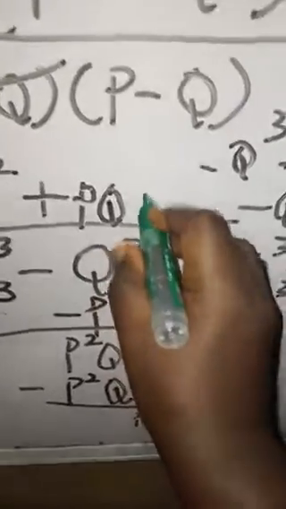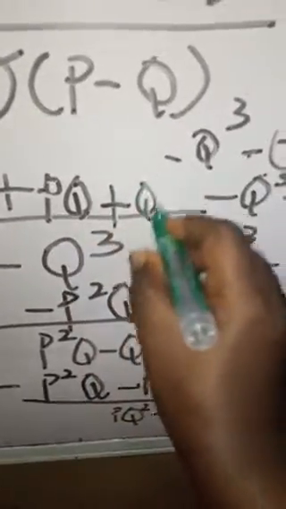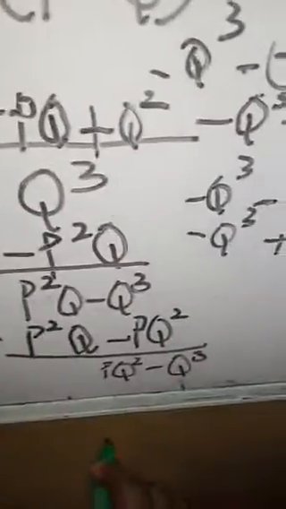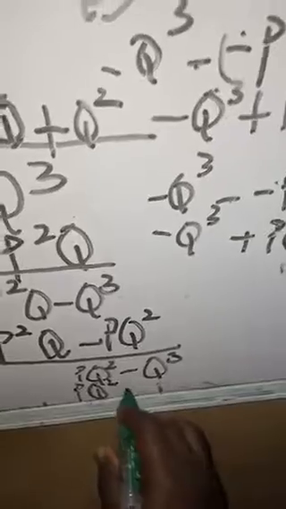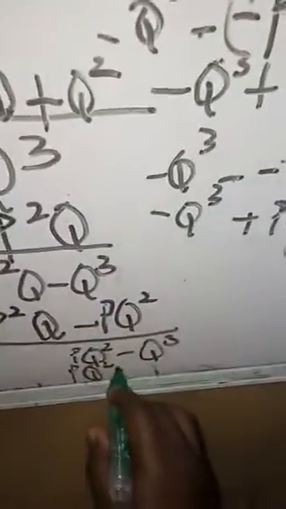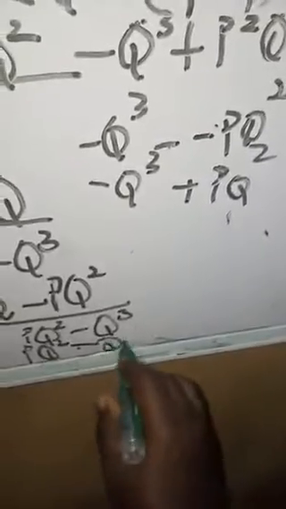And let's continue. Pq square divided by p. Then p will cancel p, and we will be left with q square. So plus q square. And this q square will be used to multiply p, which will give us pq square. Then minus q square times q gives minus q cube.